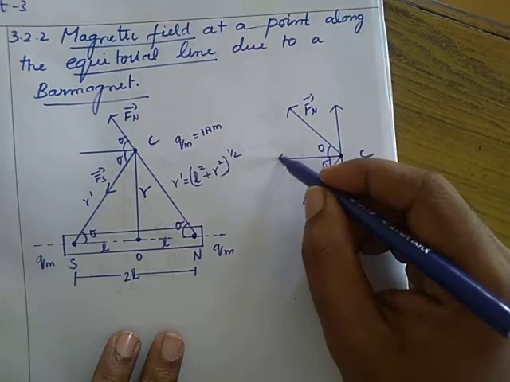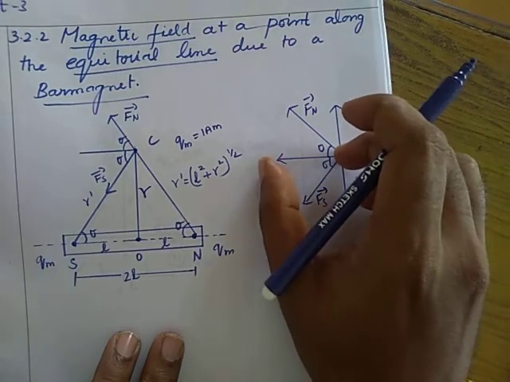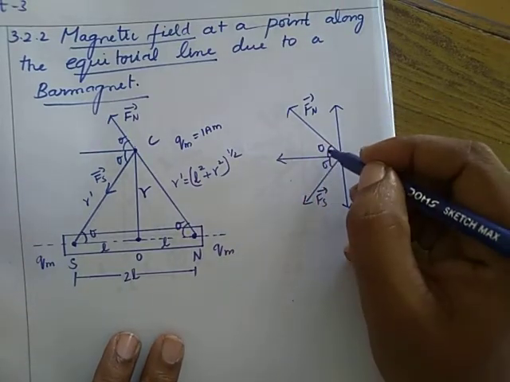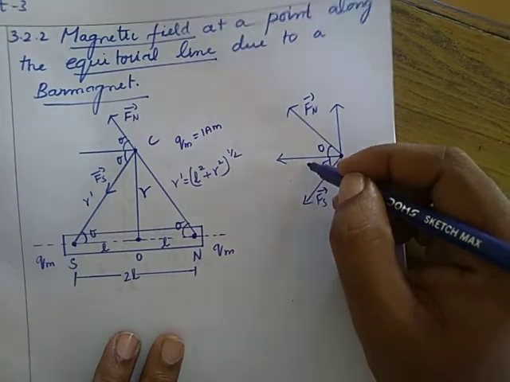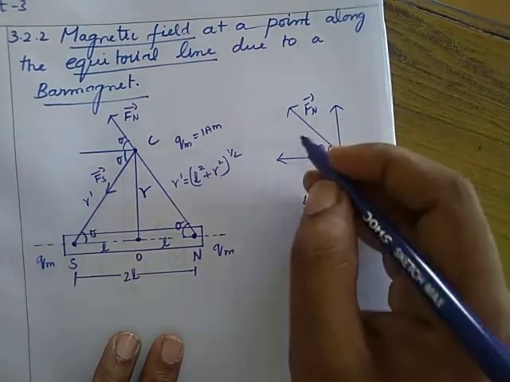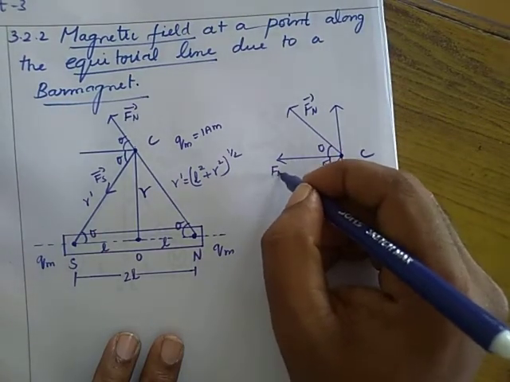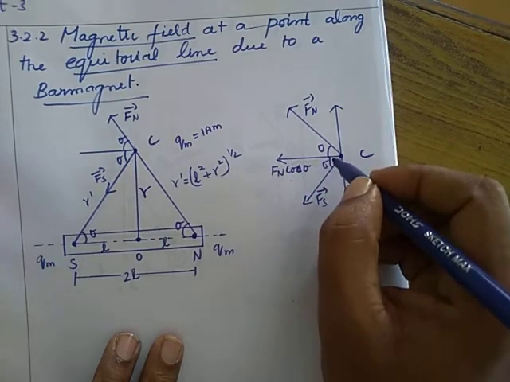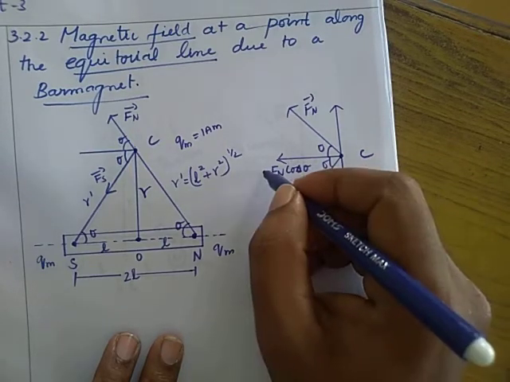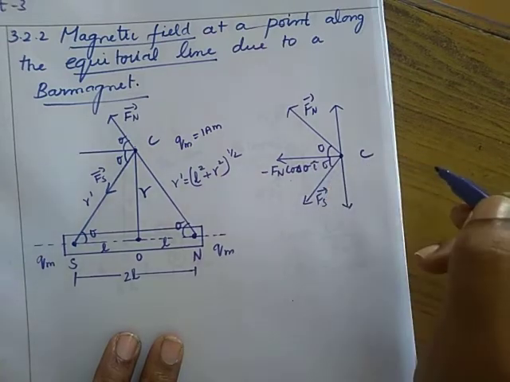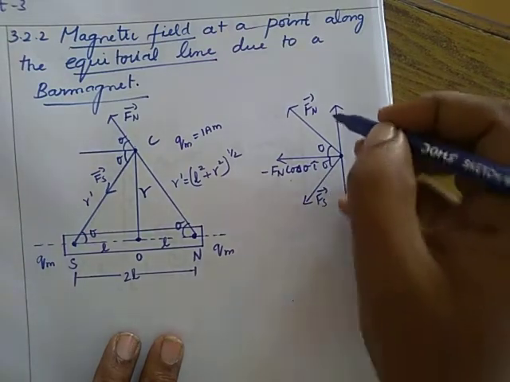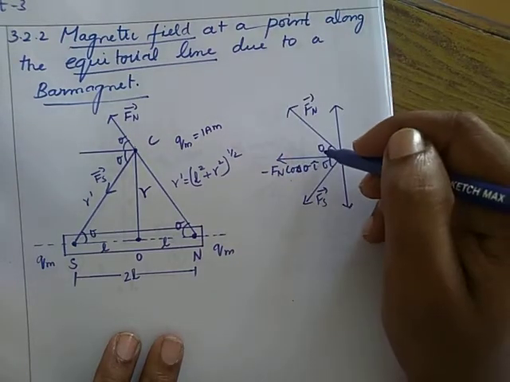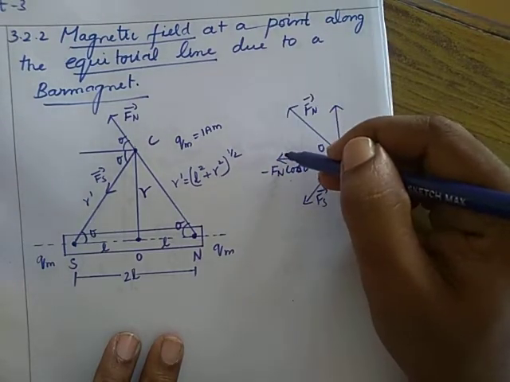If we want to find the force along this line, we can calculate cos theta. We know cos theta is equal to adjacent side by hypotenuse. Then we get the value Fn cos theta. It is on the negative x-axis, so I put minus i cap. Then to find the vertical component, sin theta. Sin theta is equal to opposite side by hypotenuse.